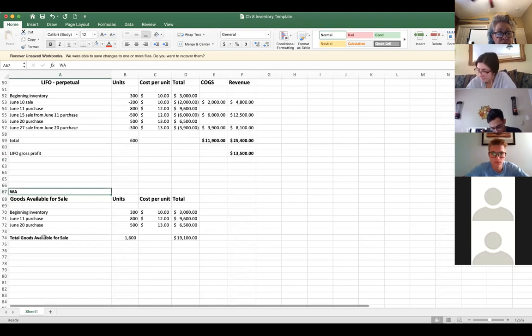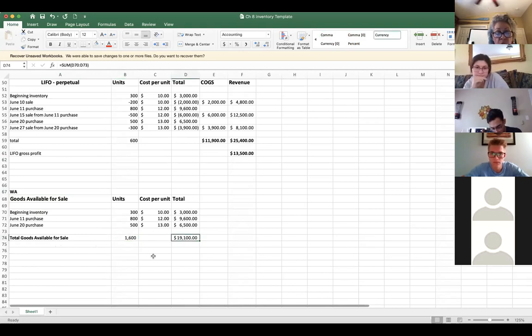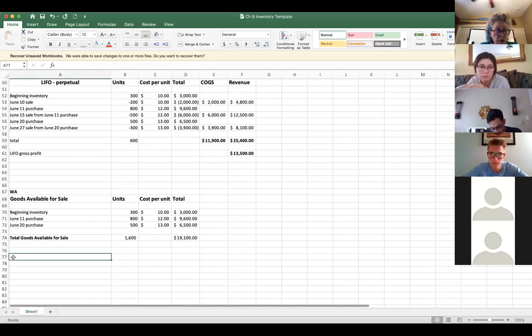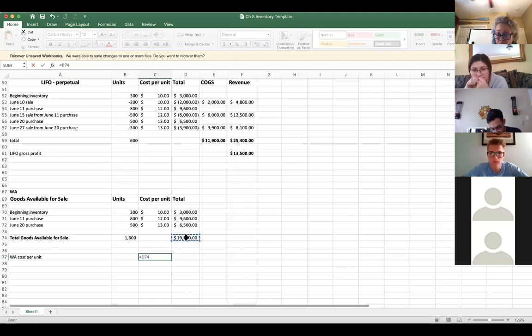So I've gotten my goods available for sale, and that I purchased 1,600 units at a total cost of $19,500. So my weighted average cost per unit is equal to the total cost divided by the number of units.